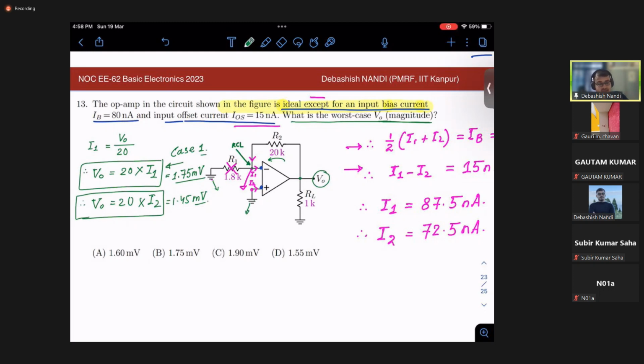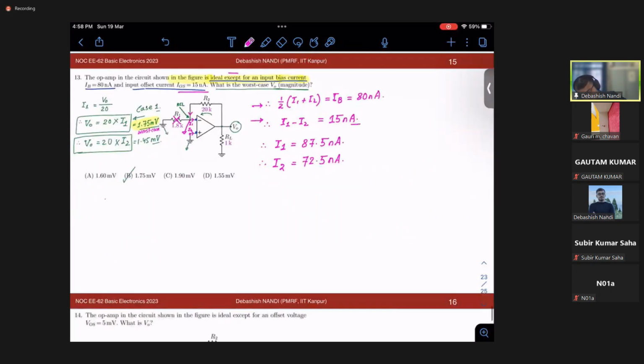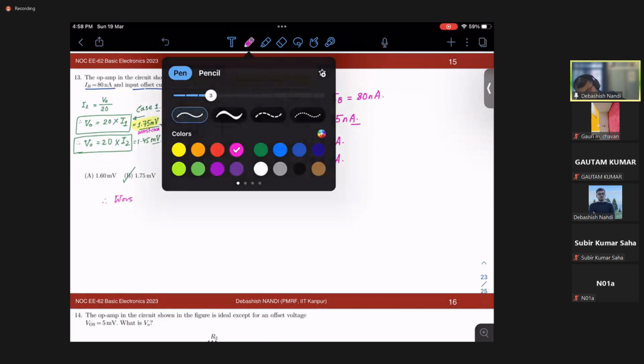This is your worst case. Worst case means more deviated than expected.